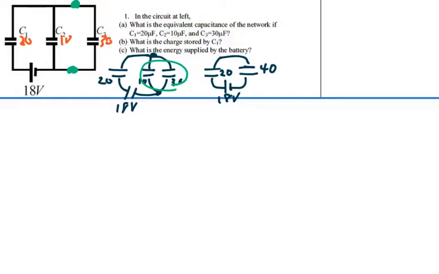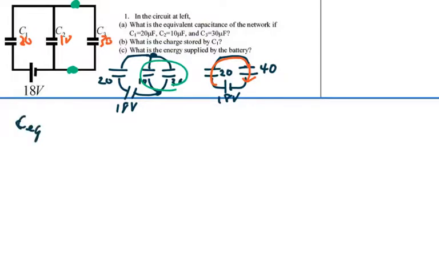Now the 20 and the 40 are not in parallel because of the battery, so they are in fact in series because there's one line of circuit going through both of them, and hence we have a series combination for our equivalent capacitance, and it's two of them.